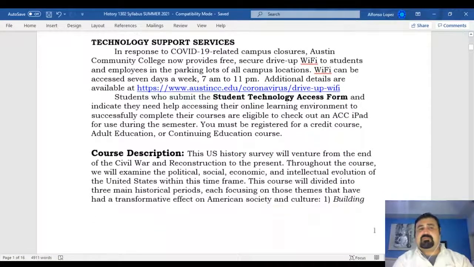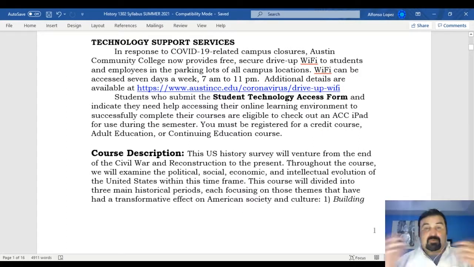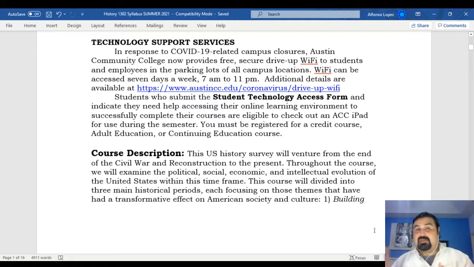So if you need tech support, there are specific places where you can go. I have listed in the syllabus a link where you can contact tech support in case you have any questions regarding Blackboard or web problems, anything that enables you to connect with the class.